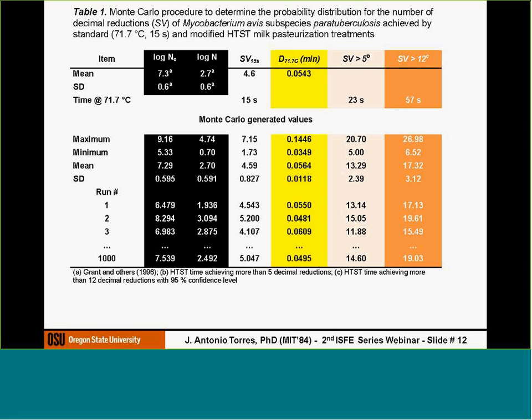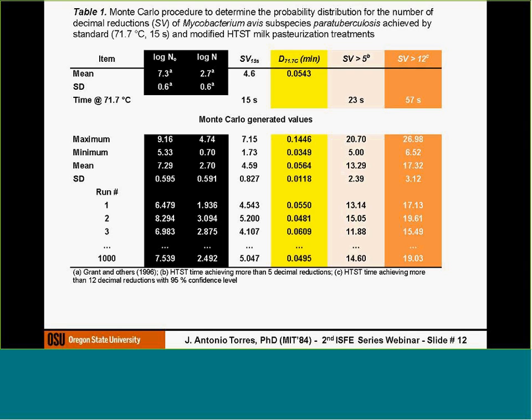So log of N0 in an experiment. We have loaded milk with Mycobacterium avium subspecies paratuberculosis, which I call MAP for short. So the load of MAP in the milk, the average was a log of N0 of 7.3 with a standard deviation of 0.6. Using this information, we create 1,000 values, so this is 1 to 1,000 values of the log of N0.